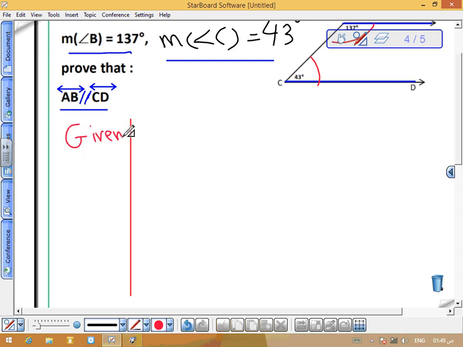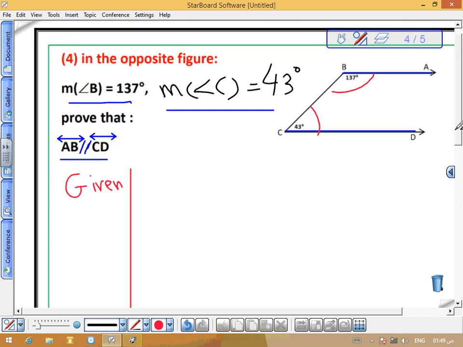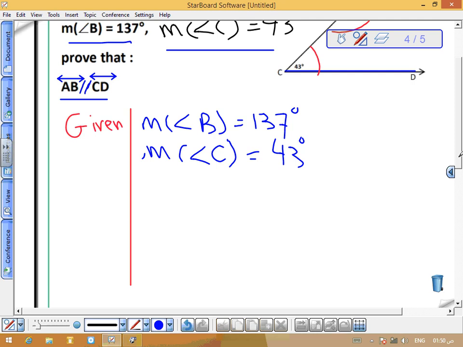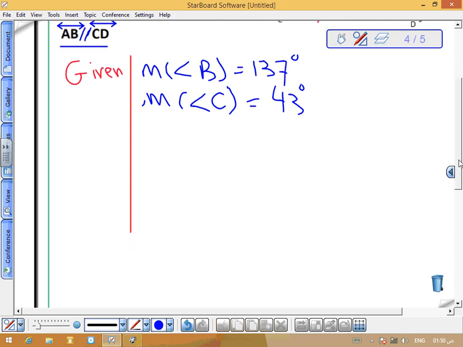The given is: measure of angle B equals 137 degrees, measure of angle C equals 43 degrees. We just have finished writing the given.